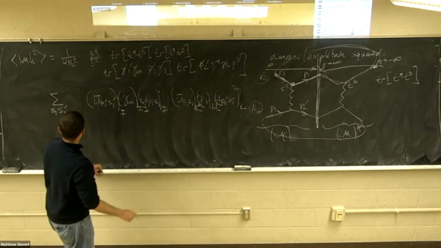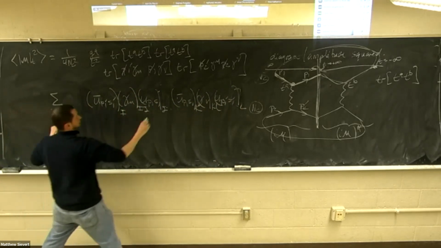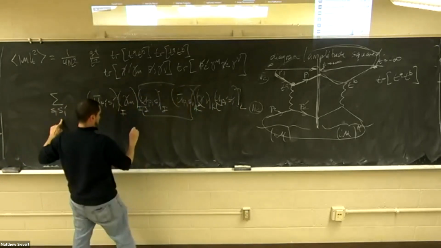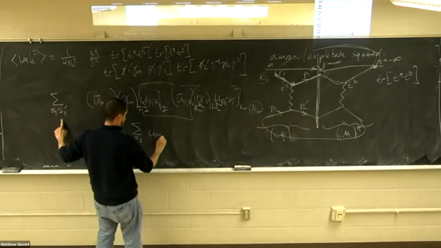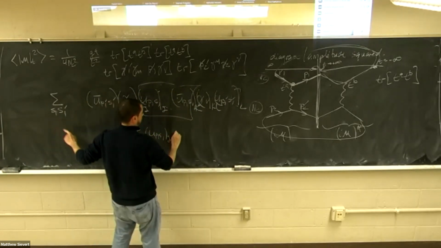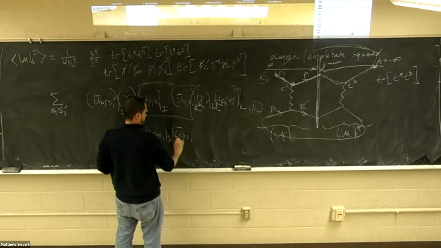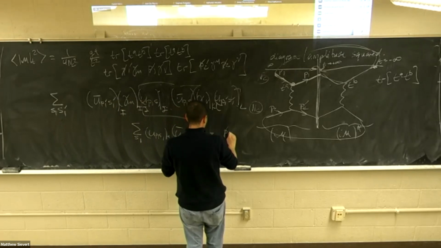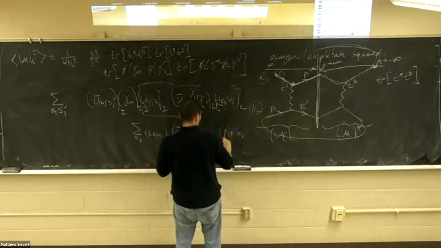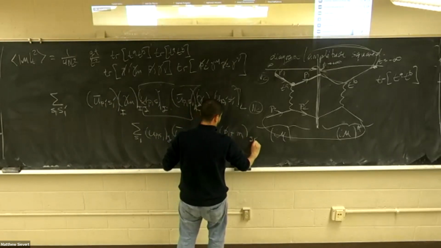Now, once I've written the indices explicitly, I can perform the summation. So this part I can do: sum over s1, u p1 s1 with index J, u bar p1 s1 with index K. The result is p1 slash plus m, with indices J, K.